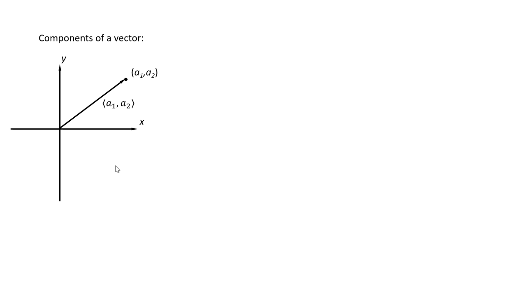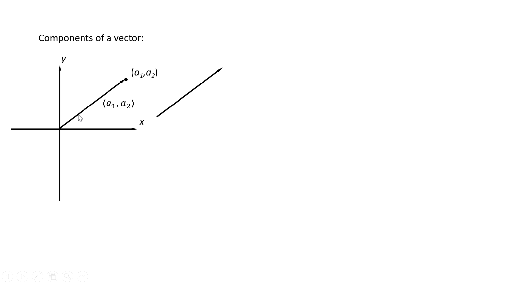Now, if this vector and this vector have exactly the same magnitude and direction, can we call this vector a1, a2? Yeah, by that equivalence property that we talked about, they have the same magnitude and direction.